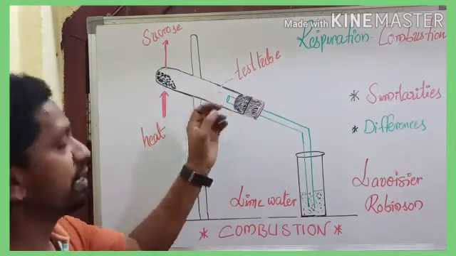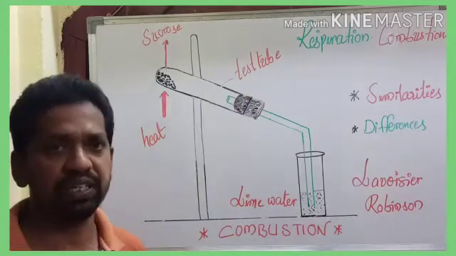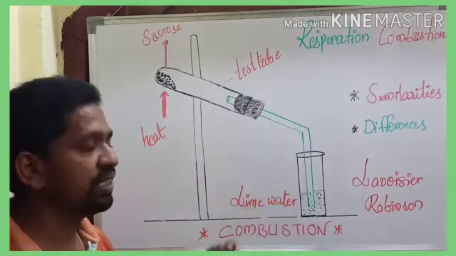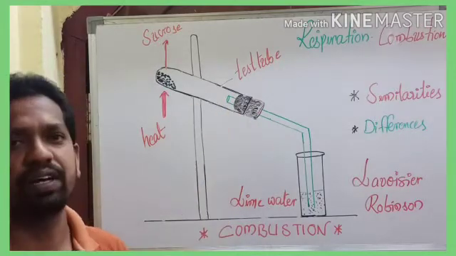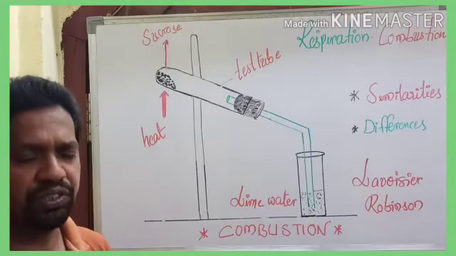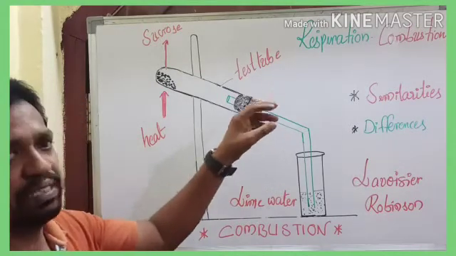Water molecules, droplets, are formed in both reactions. And finally, CO2 is also evolved in respiration as well as combustion. Combustion is nothing but a burning process. Here we can see some similarities.